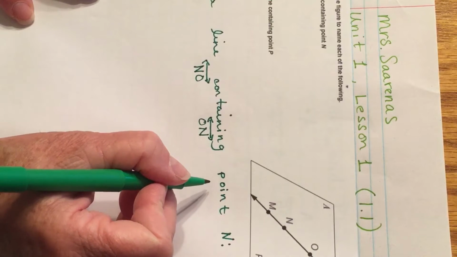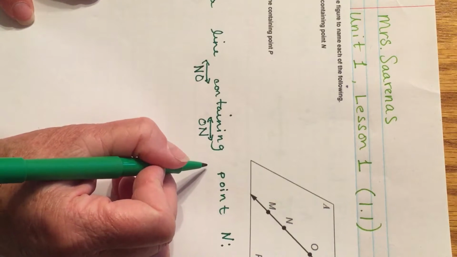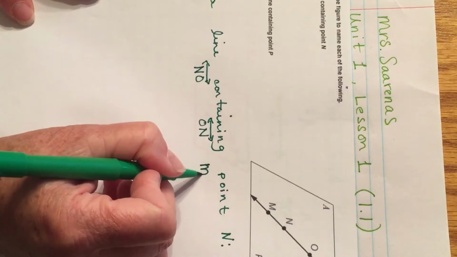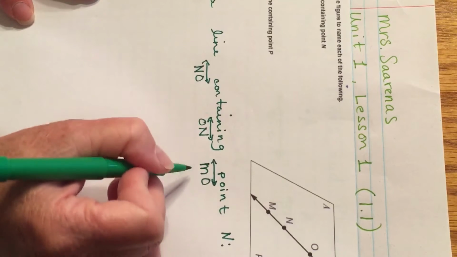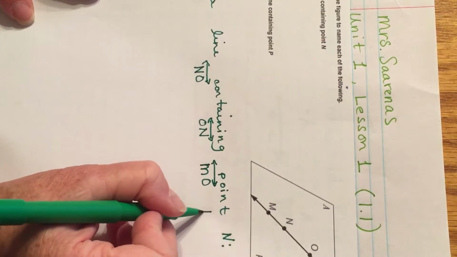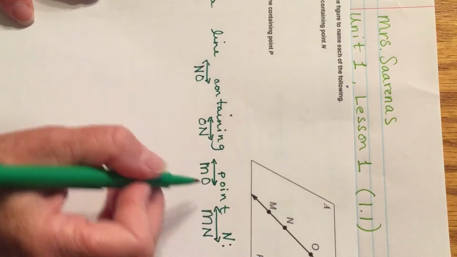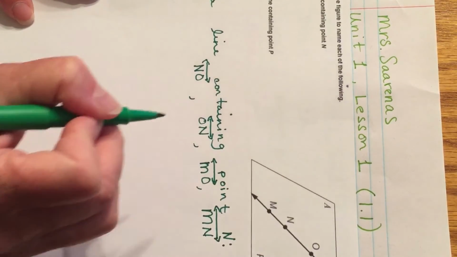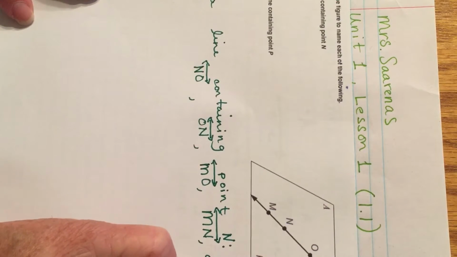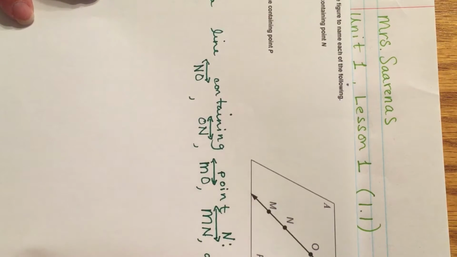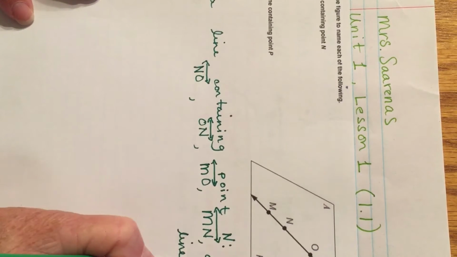Picking any two letters that are contained on this line, I could say line MO. Again, in any order, I could say MN. And as you can see, there are many answers that work, as well as there seems to be a small italicized letter there. I could say line C.